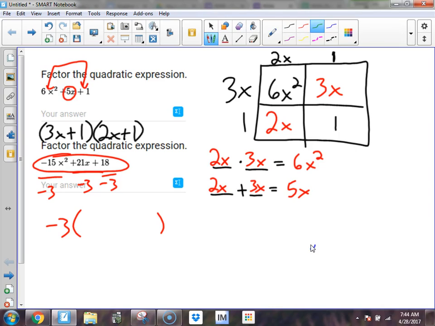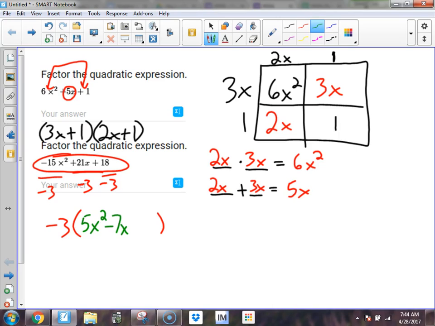It's kind of like the opposite of the distributive property, factoring by GCF. What is -15x squared divided by -3? It's going to be a positive 5x squared, right? Then divide 21x by -3. Okay, careful, it's got to be -7x.